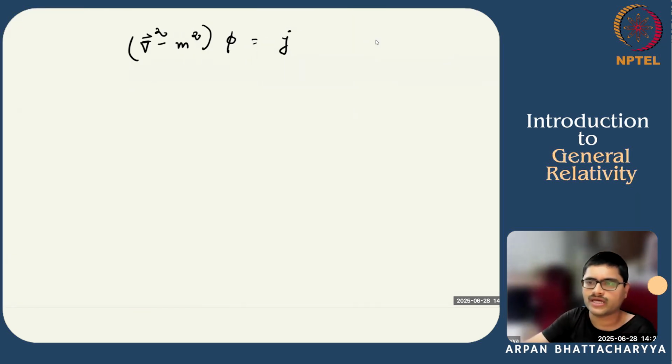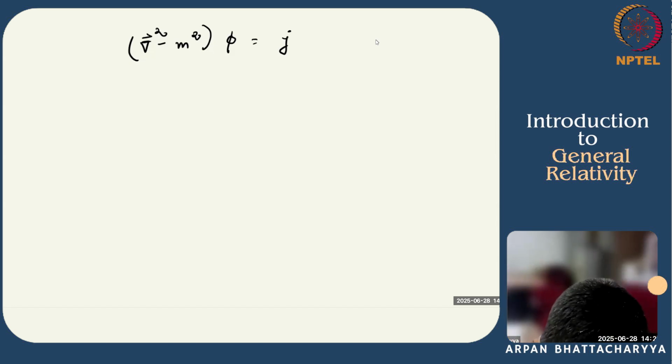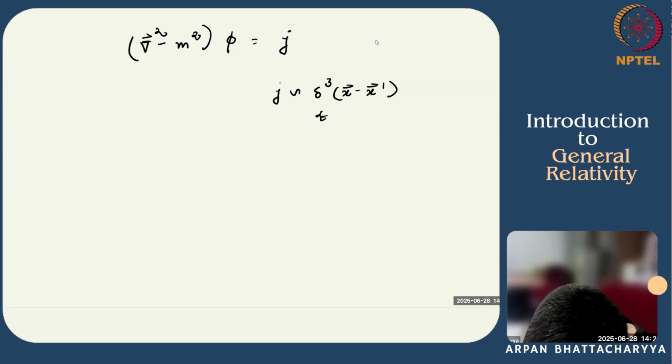So this is basically an equation of a massive scalar field with some source j. And this is an inhomogeneous equation. You can solve it by the standard Green function method. And if you consider a point charge like source, this source term j will be proportional to a delta function point source.